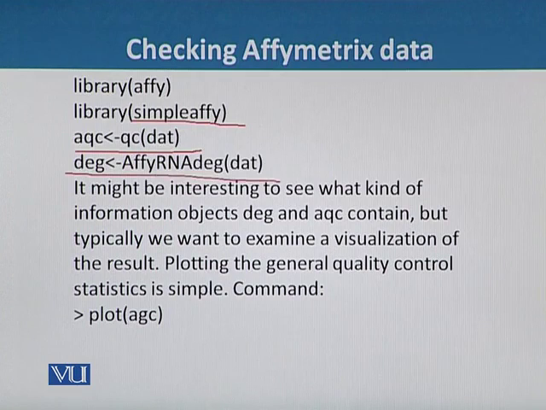It might be interesting to see what kind of information objects DEG and AQC contain, but typically we want to examine a visualization of the result. Plotting the general quality control statistics is simple. Then we use the command plot AQC, and we will get the quality control diagram, and we will see here.